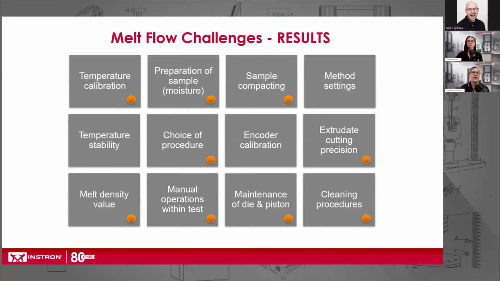We've highlighted with a yellow circle those that we think are the biggest contributors. Of those, I would say making sure you have the right test method. You're comparing test methods to the same one on the result sheet or the one that you're comparing data to. You have that right. Prepare your sample properly.